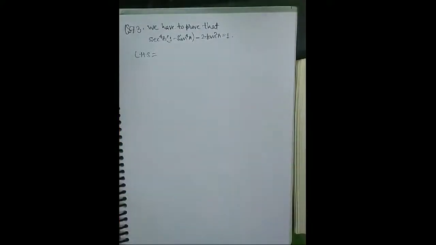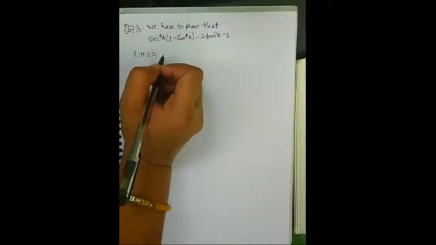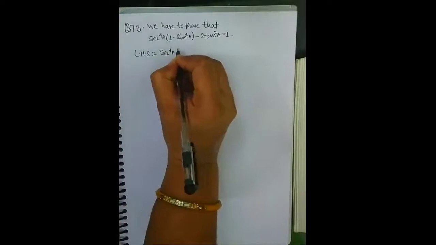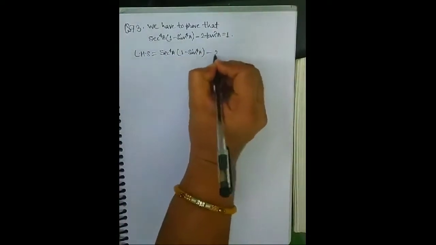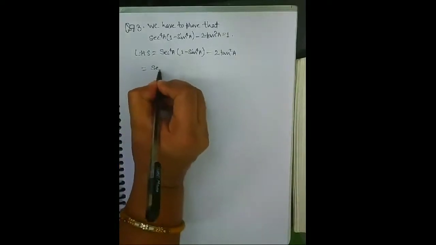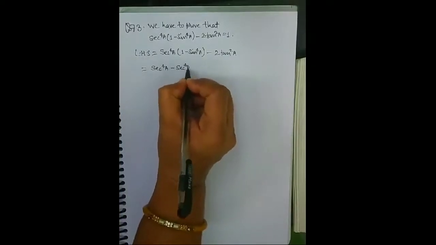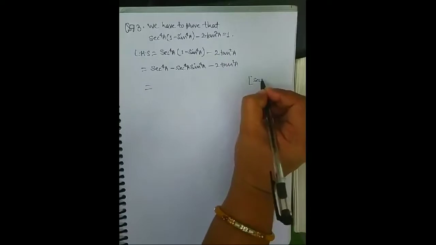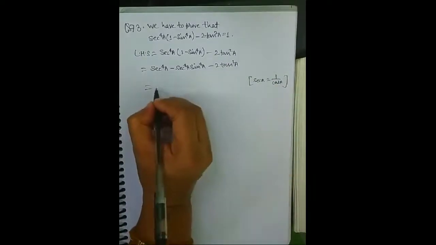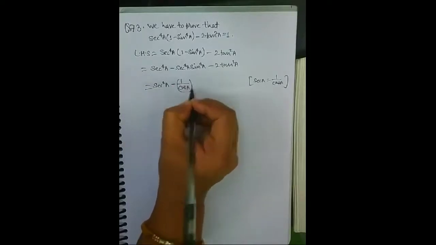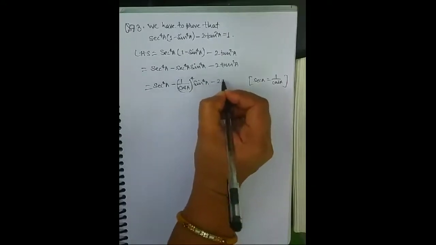We take LHS equal to sec to the power 4A into 1 minus sin to the power 4A minus 2 tan square A. Now we solve: sec to the power 4A minus sec to the power 4A into sin to the power 4A minus 2 tan square A. यहाँ हम फॉर्मूला यूज करेंगे sec A इक्वल टू 1 अपॉन cos A. So we write sec to the power 4A minus 1 upon cos A whole power 4 into sin to the power 4A minus 2 tan square A.